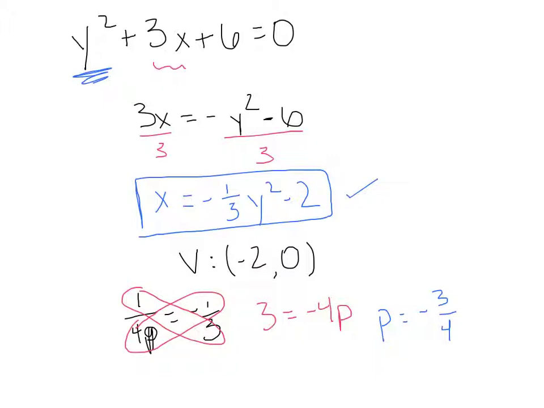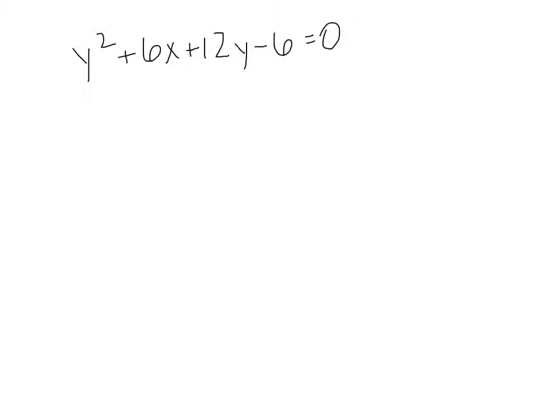So let's look at a couple others now where we have to complete the square, since that's the trickiest part of this process. First, before you complete the square, you want to identify what variable you're going to complete the square with. In this case, it looks like we're going to complete the square with y, because that's the squared term. So we want all of the y terms together and everything else away, because that's not going to help us complete the square.